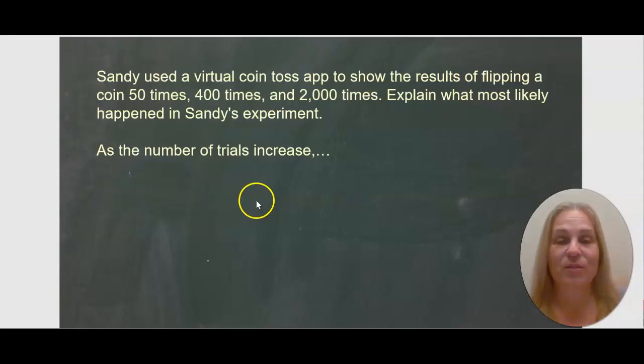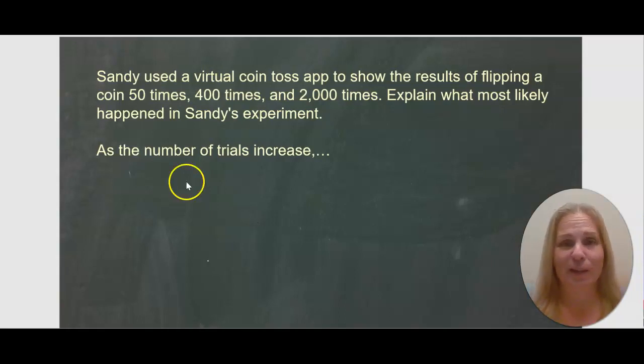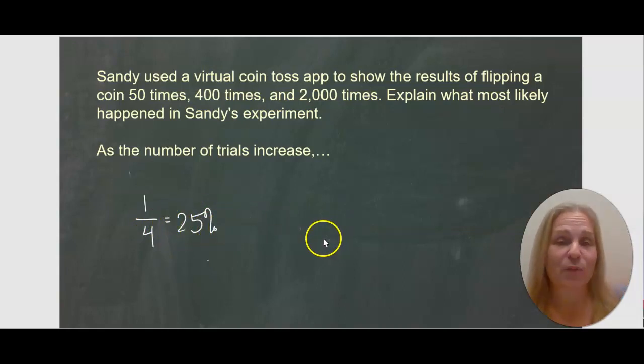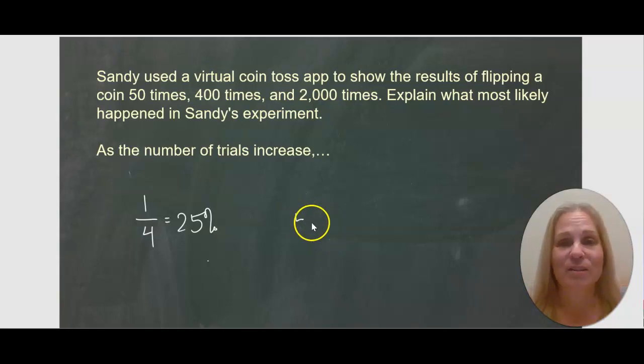As the number of trials increases, that probability that we find, which right now my probability of getting heads was 1 out of 4, which is about 25%, is going to get closer and closer and closer to 50%.